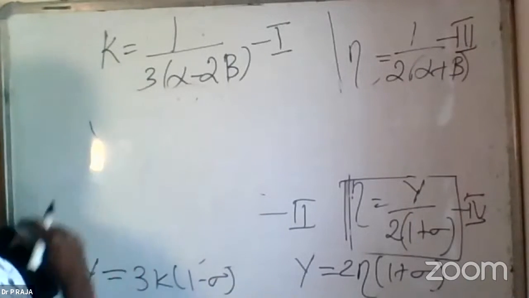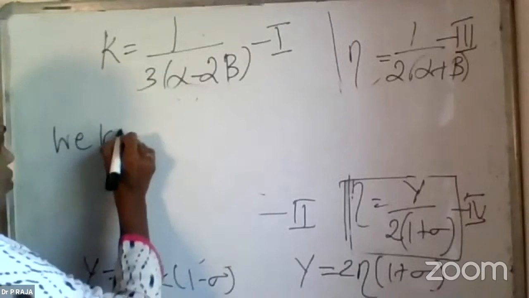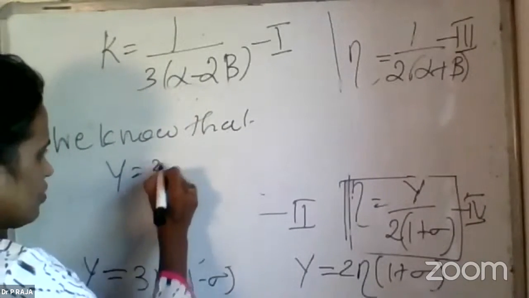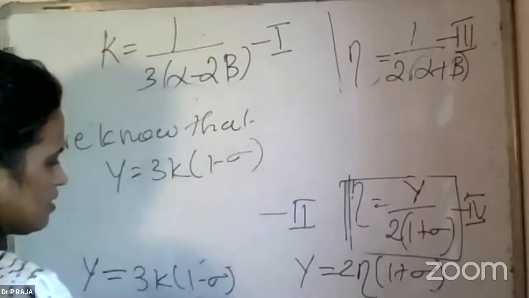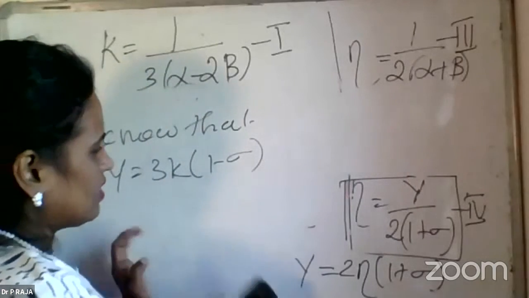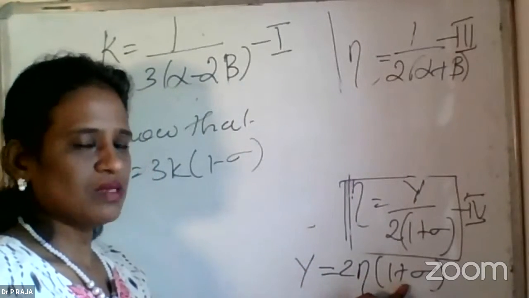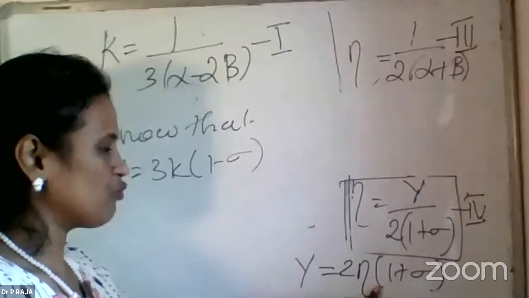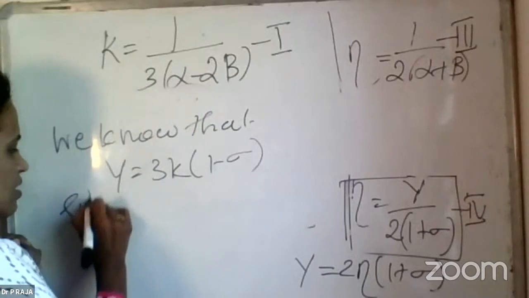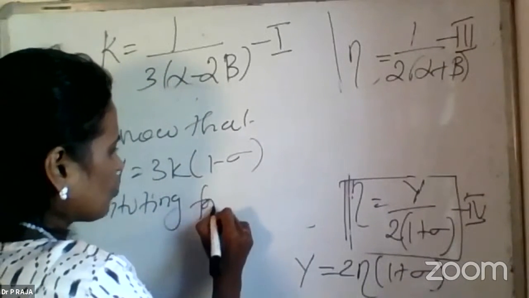So since we know that, I'm writing this equation one more time. We know that Y is equal to 3K into 1 minus sigma. This equation I'm writing again on the top. And since Y is also equal to 2 eta into 1 plus sigma, I'm going to substitute this value of Y on the left hand side equation.